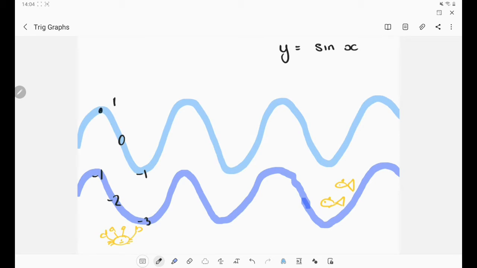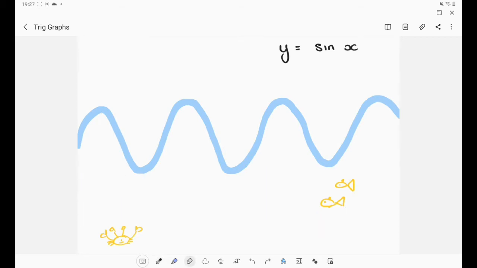So every point has gone down by 2. Down by 2. Down by 2. The way we show this is we would subtract 2 from our sine x. It's our normal sine x graph minus 2 on every point.